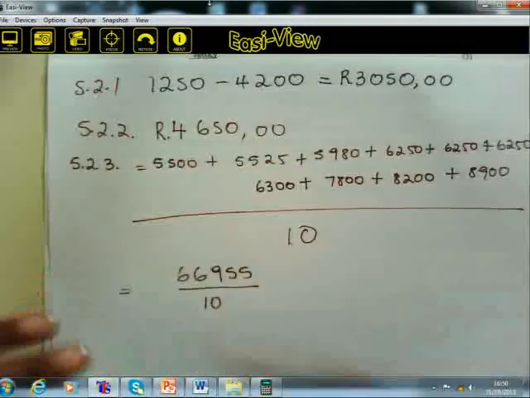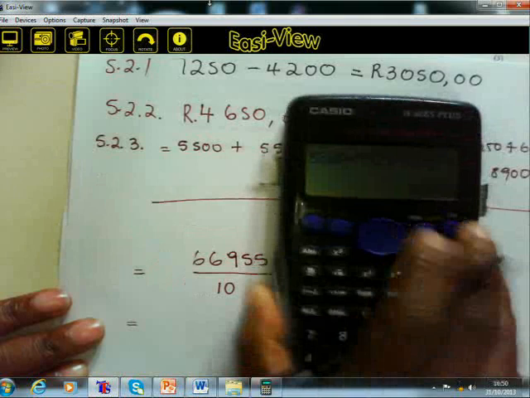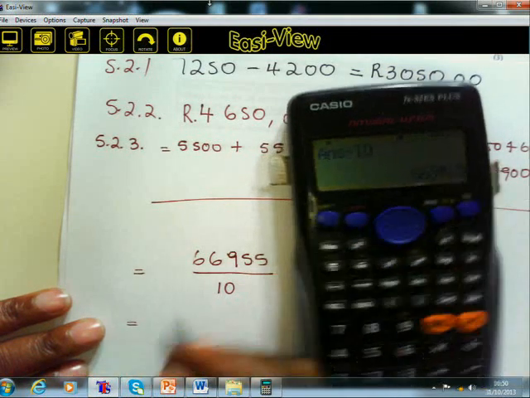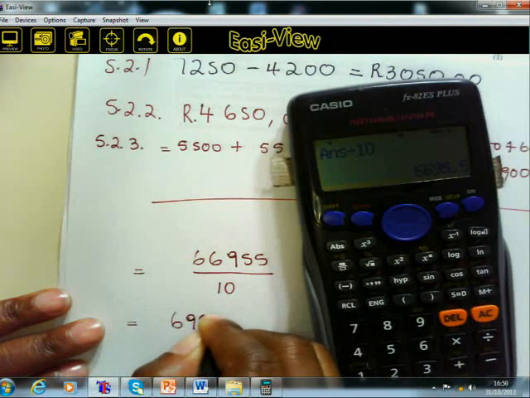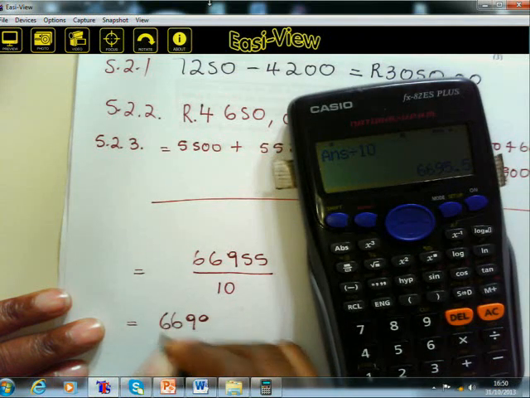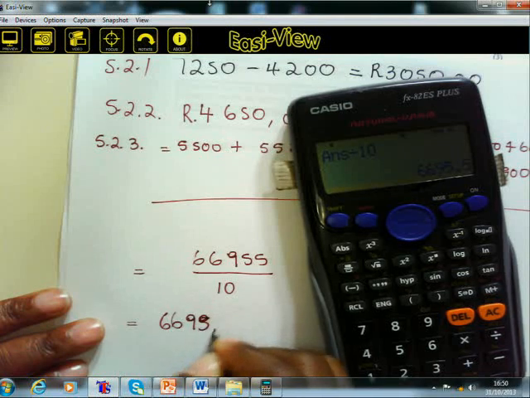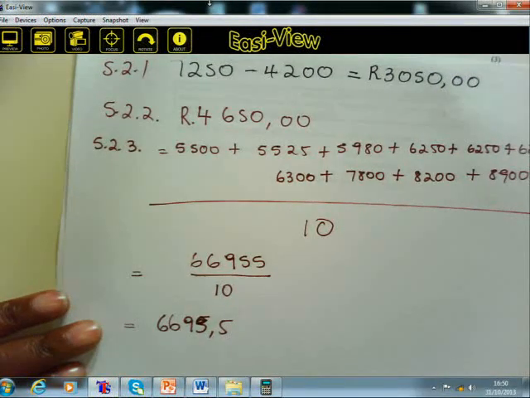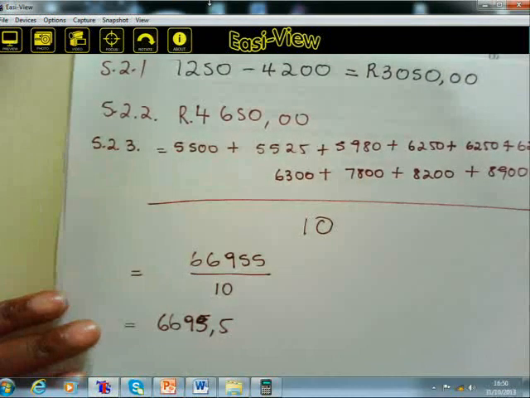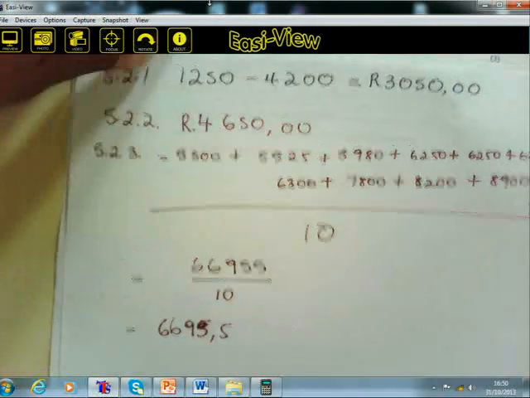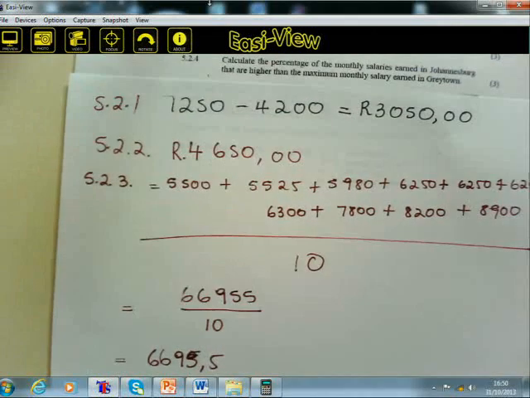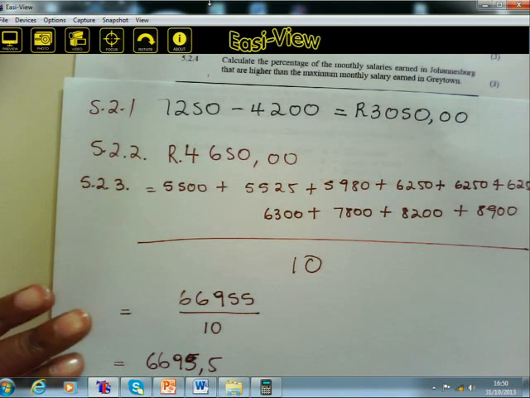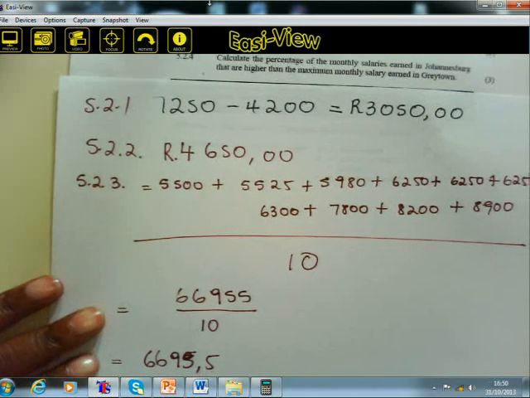So my answer was correct, and then I have to divide that by 10. If I divide by 10, the answer is 6,695.5. So that is the mean for the Johannesburg agency, the salary at the Johannesburg agency.